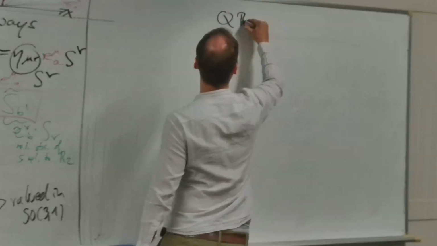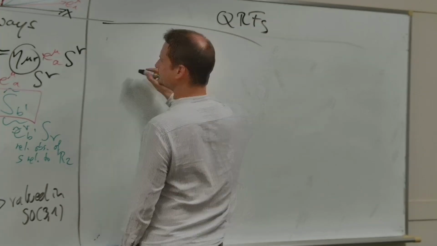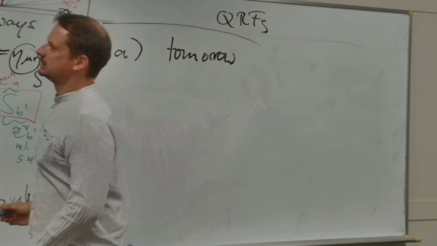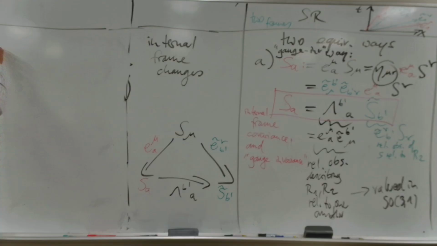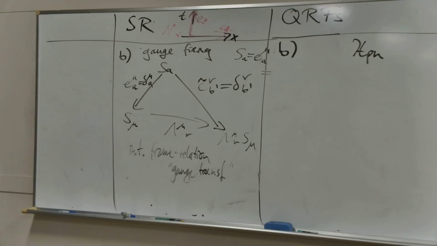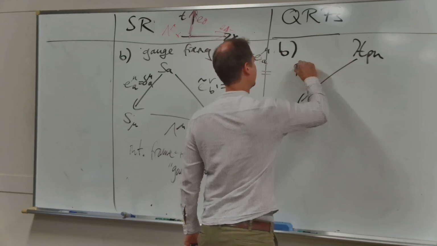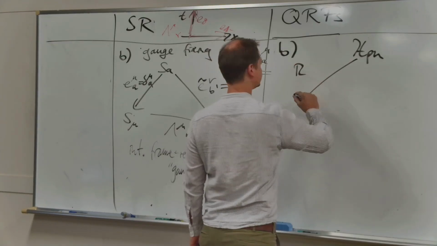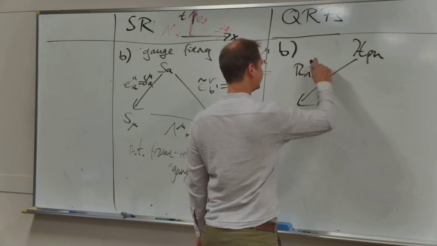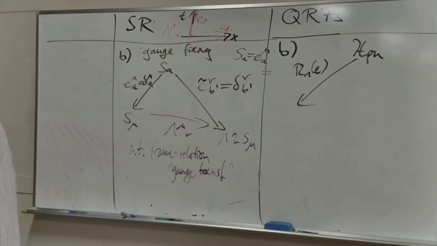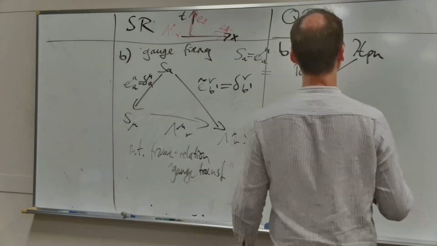So here, again, here are Fs. So A tomorrow. And this one here, I'm going to show it first at the Hilbert space level. So we have, for instance, R1 of E. Oh, okay. I also need to introduce a second quantum reference frame, of course. So I should tell you that.